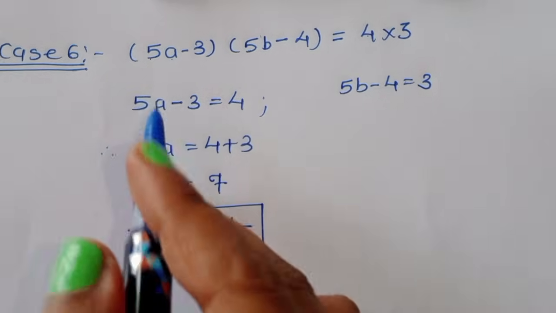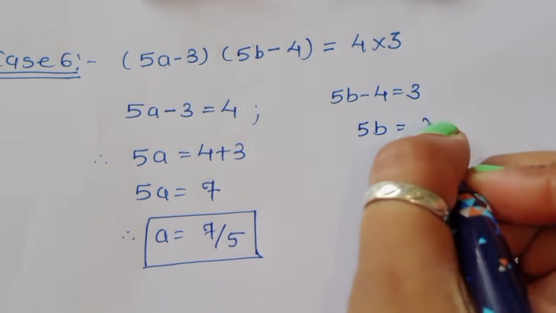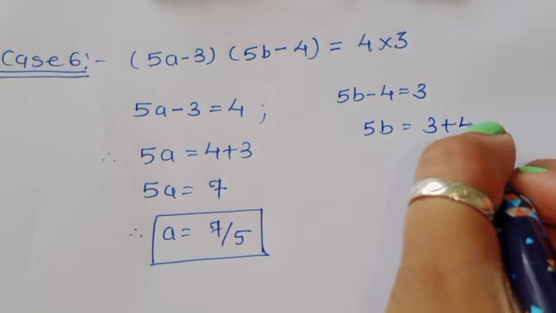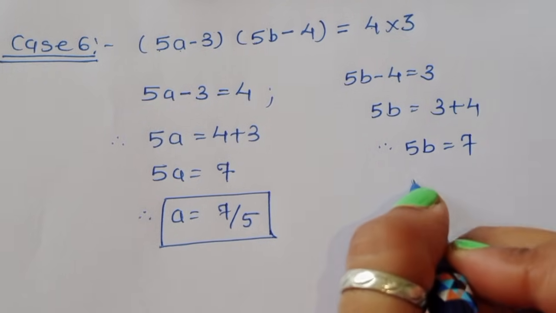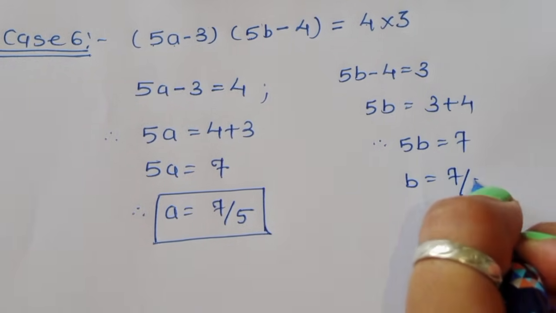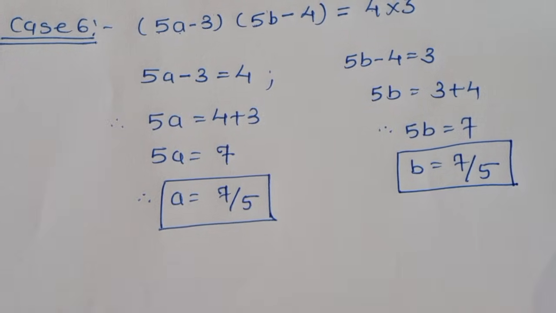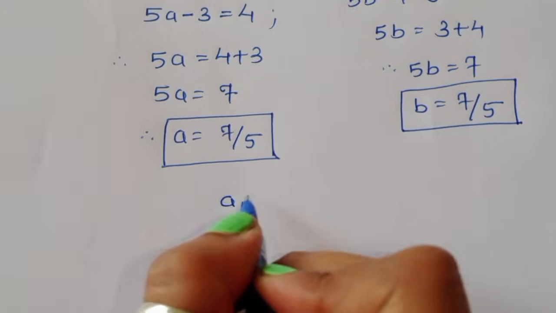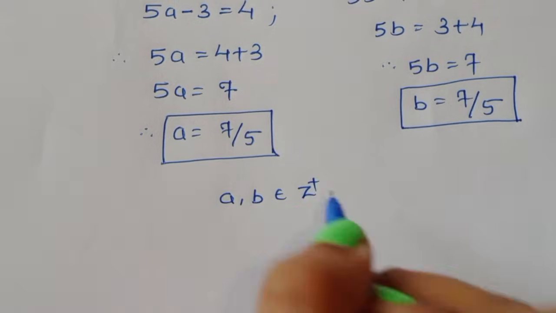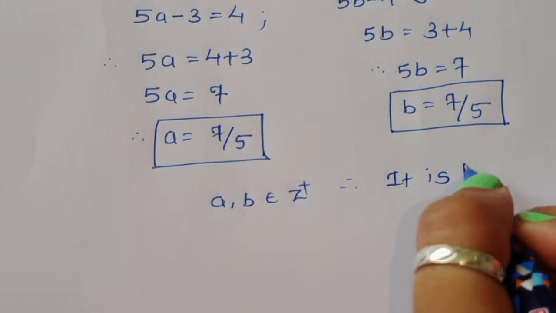This is the value of a from case 6. Now 5b equal to 3 plus 4, therefore 5b equal to 7. b equal to 7 upon 5. This is the value of b from case 6. But same thing, a, b belong to integer numbers, therefore it is rejected.